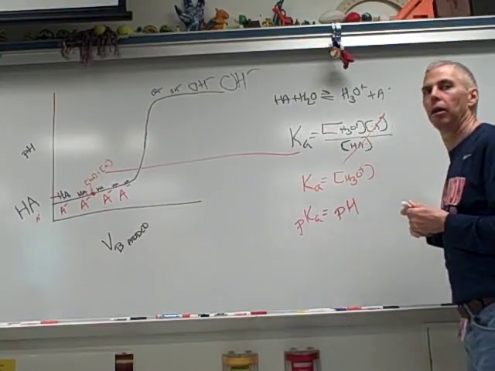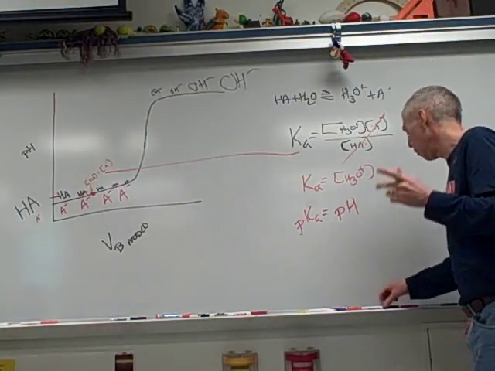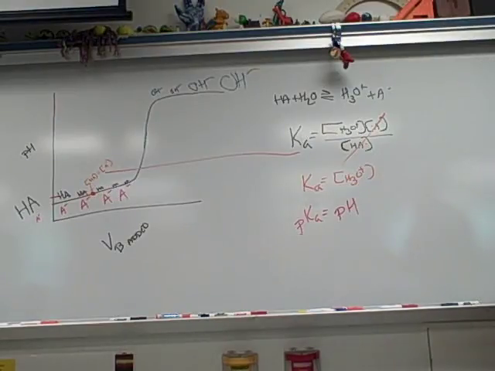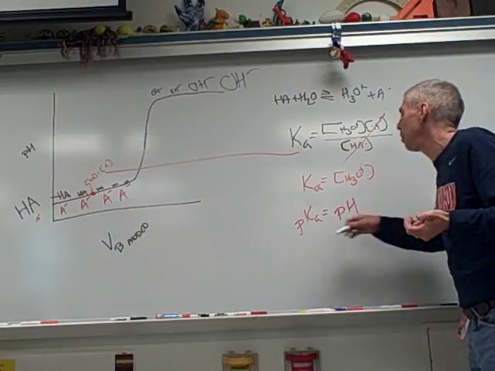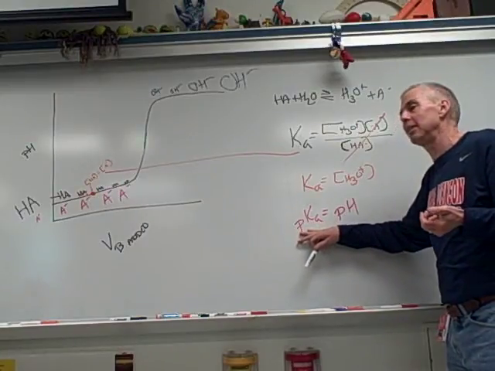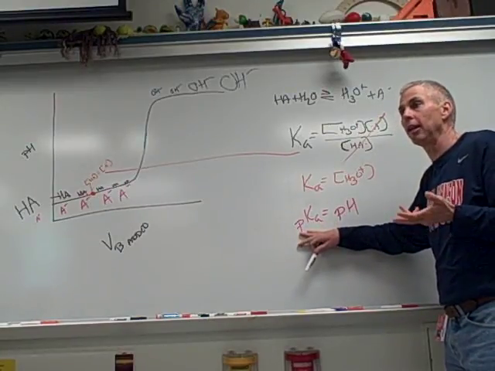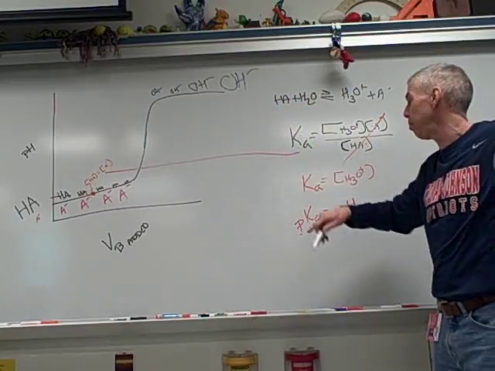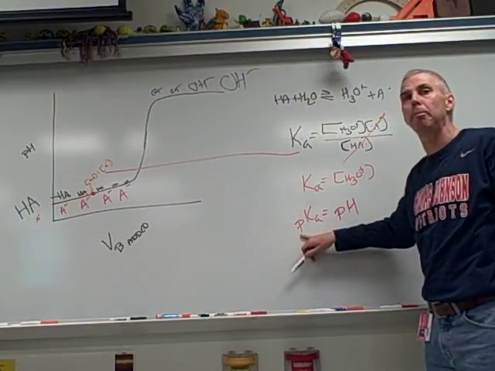What's the pKa? How did you find a pH? You took the negative of the log of the H3O plus. pKa is the exact same thing. The reason it came into existence, truthfully, is because we're using such a huge range of numbers. The other reason is pKa is a whole heck of a lot easier to type in a book.